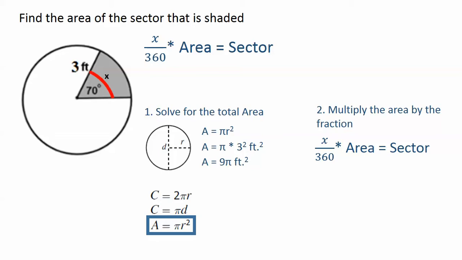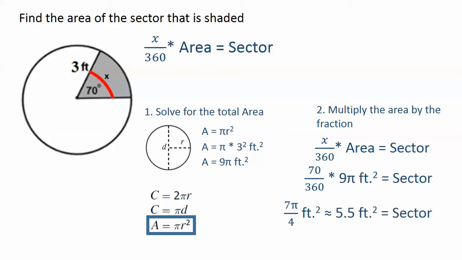Because my x is 70 degrees, I'll say that 70 out of 360 times the area, 9 pi feet squared, equals my sector. Multiplying and then simplifying the fraction, I find that 7 pi over 4 feet squared, which is approximately 5.5 feet squared, will be the area of my sector. Not too bad, right?